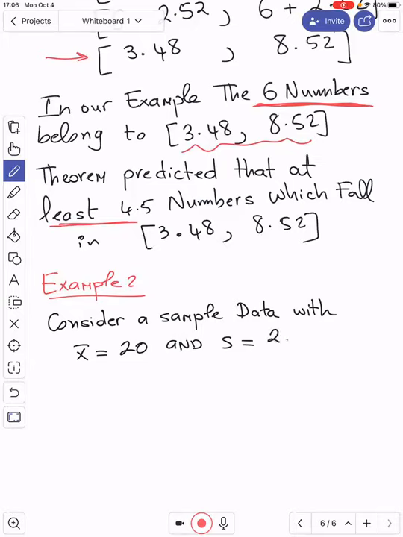Then I want to find an interval, let's say the smallest interval.